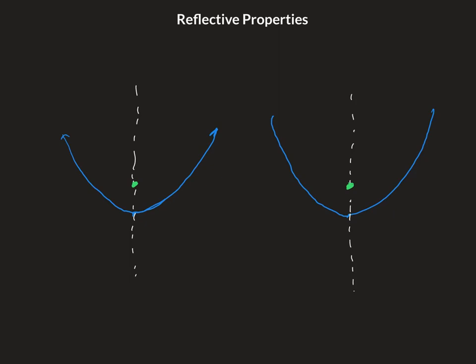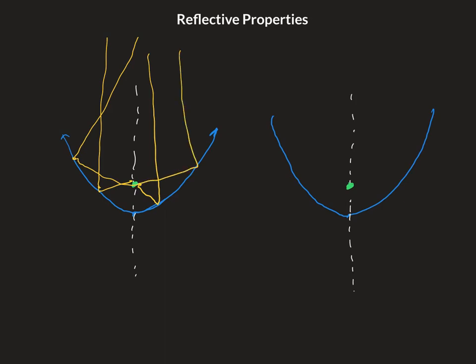If that parabola represents a reflective surface, then things can come into that parabola, hit that surface, and the reflective property is that the reflection will send it right to the focus. So something coming in here will hit the surface and bounce to the focus. Something coming in here will come down, hit the surface, bounce to the focus. Or here, hit the surface, bounce to the focus.